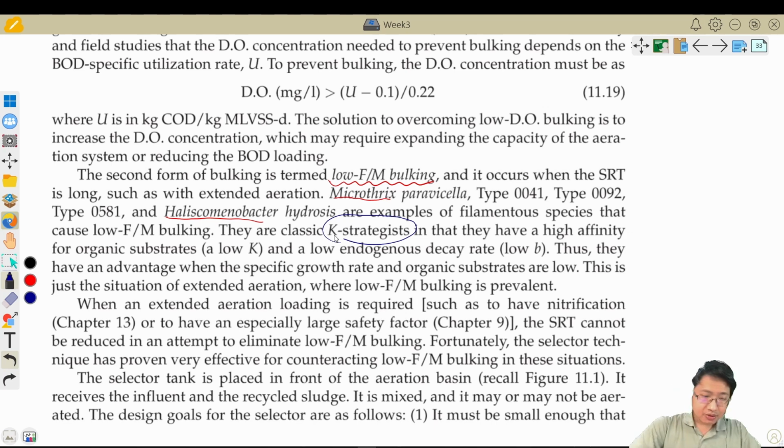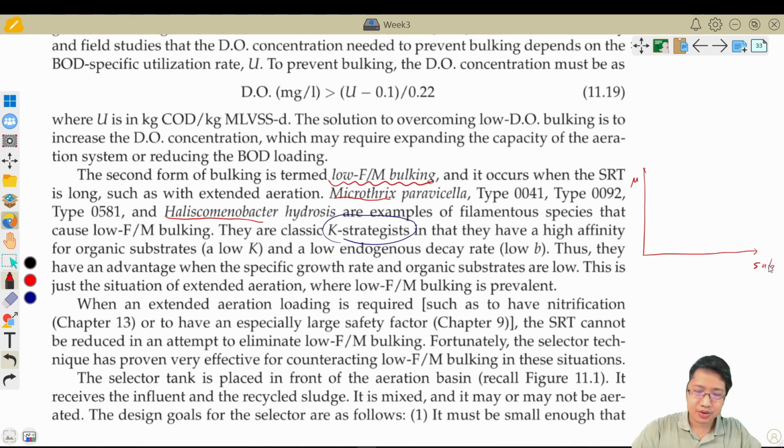Okay, so the K strategists. This is the Monod equation plot. We have mu here, and we have the substrate concentration here.